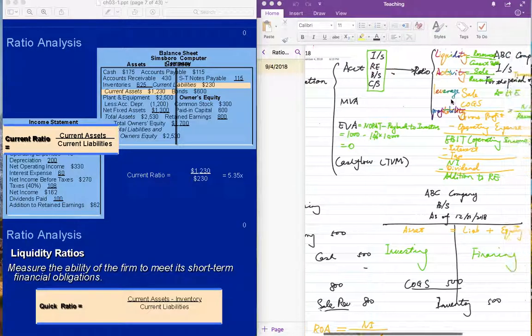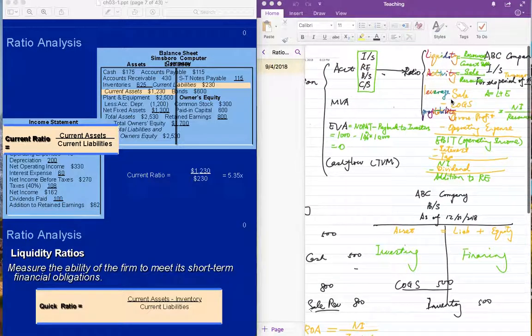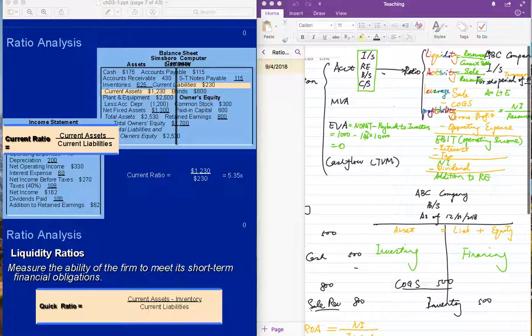So the general formula for a liquidity ratio would be, as this note shows here, the resources on the numerator divided by the liabilities you need to pay off.